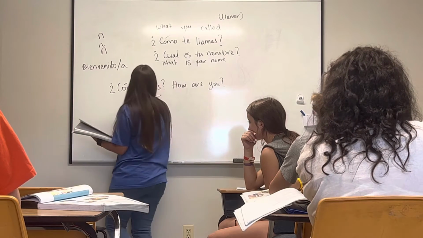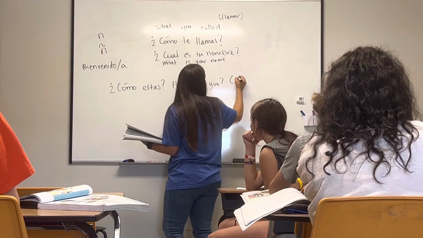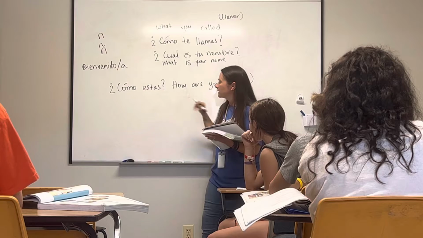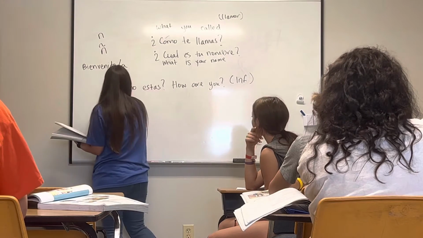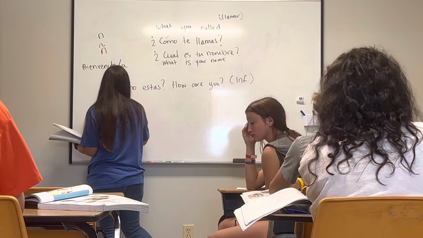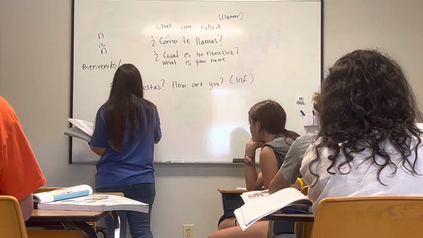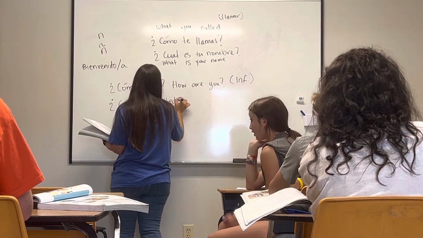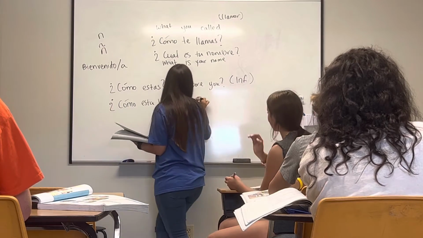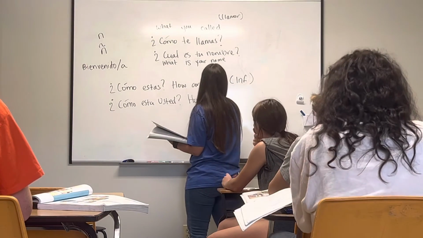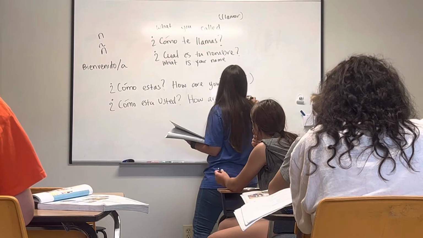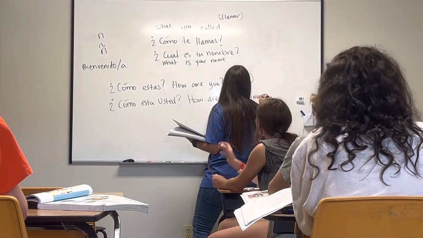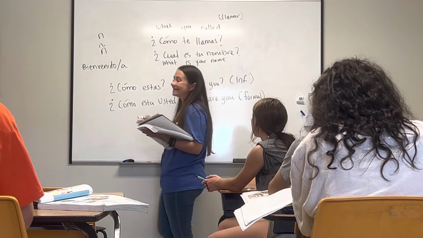So this is the informal way to ask someone how they're doing. The formal way is to say, ¿Cómo está usted? So there's two different words for you in Spanish. One is formal and one is informal.